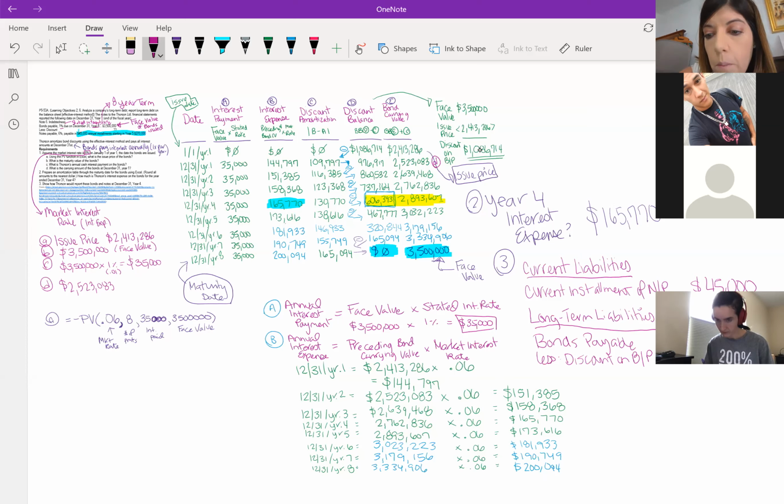What should this amount be? What should the discount on bonds payable be at 12/31 year 4? $130,770.